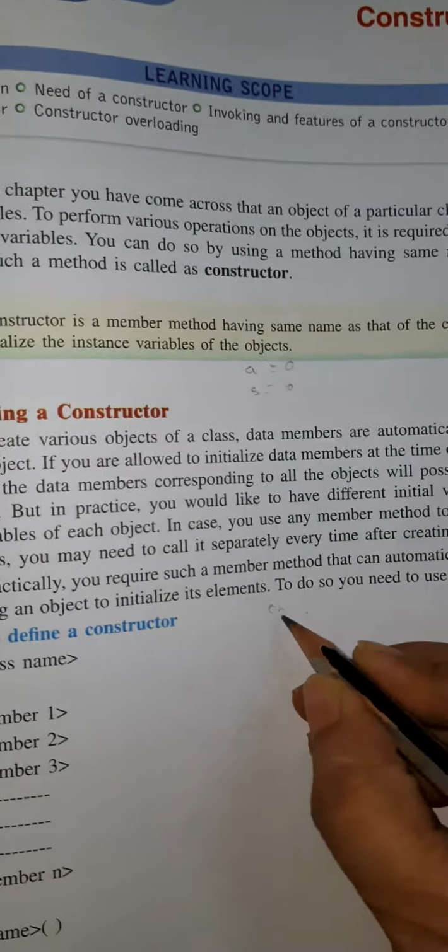So what is the syntax? The class name is given and the data members, the variables, are declared. Then the class name and the method name, which will be the same as the class name.